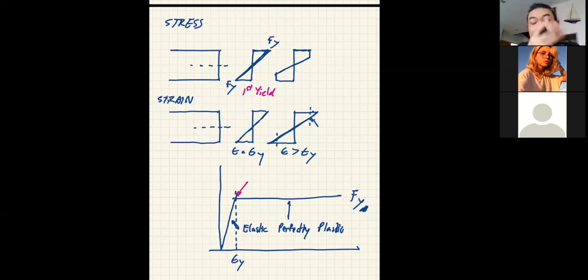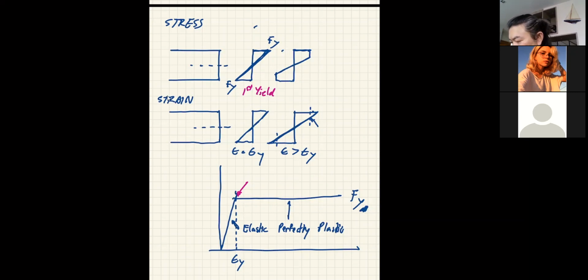When you have your mechanics of materials class, this is where we stop, right? Oh, okay, we reach the Fy. But for steel as a material, I think after World War II, engineers discovered that steel can take more punishment. When it yields, it still can take some more load.